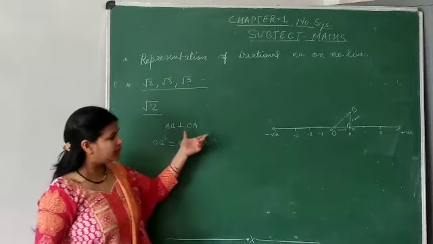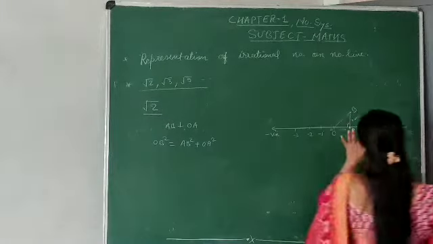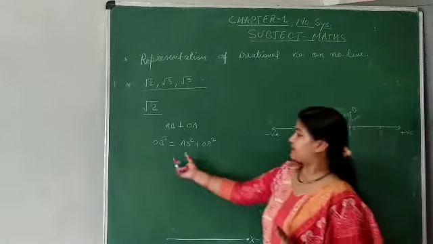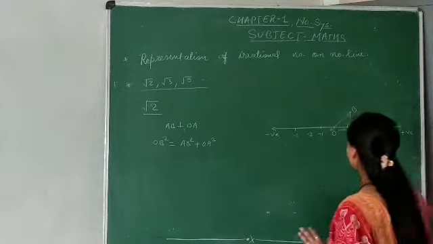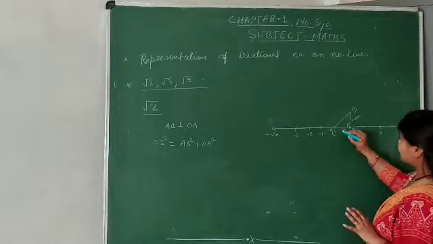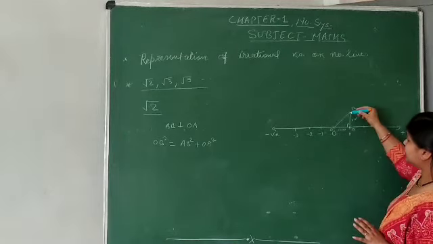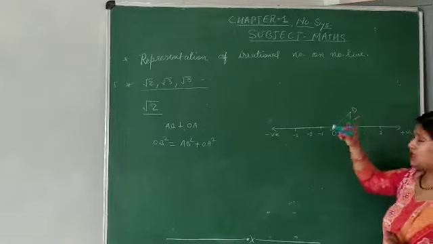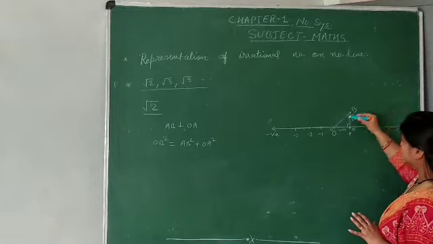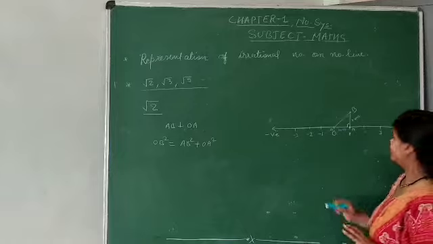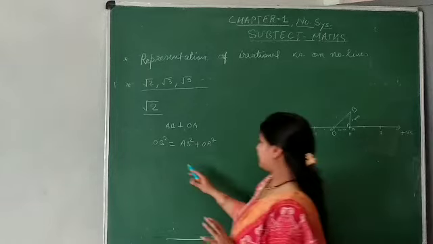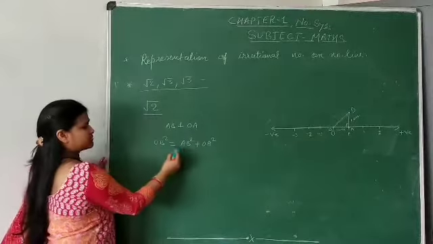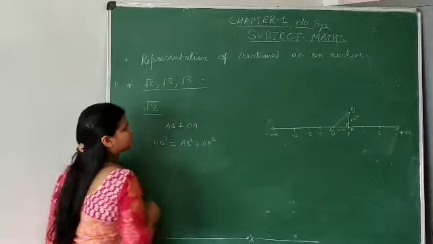So triangle ABO is a right angle triangle, and here we can apply the Pythagoras theorem. Which is the hypotenuse? Hypotenuse is the longest side of a right angle triangle, which is opposite to the right angle, and AB is the perpendicular, OA is the base.